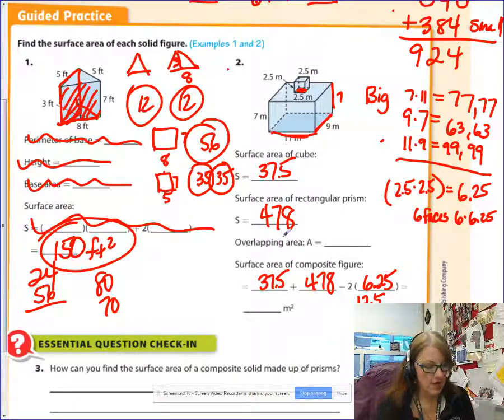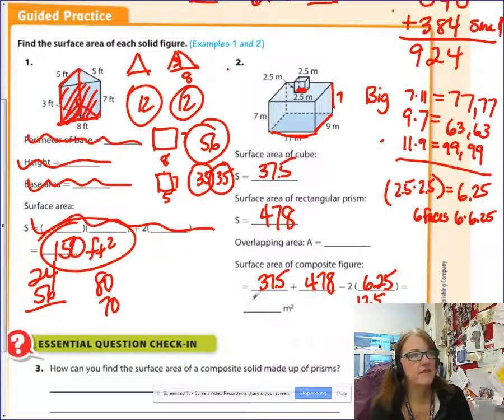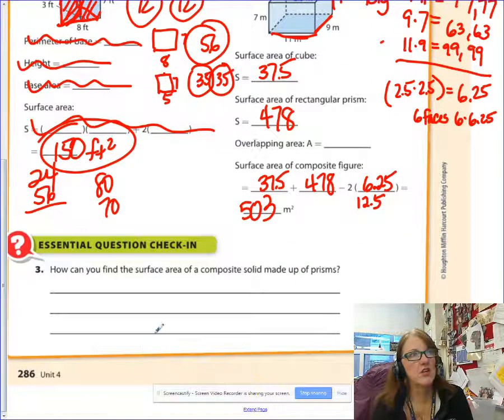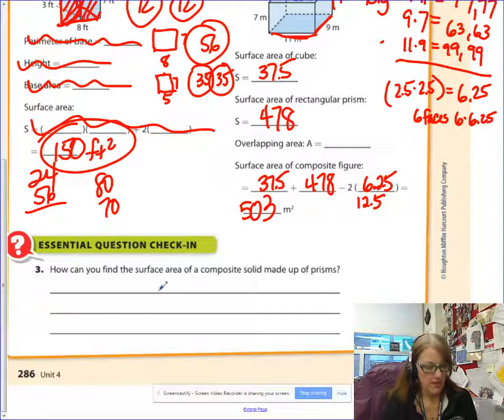So you're going to add 37.5 plus 478 minus this 12.5. And I get exactly 503. Does that sound right? I'm going to double check that again because I don't always trust it. 37.5 and 478. Yep, that's what we get.